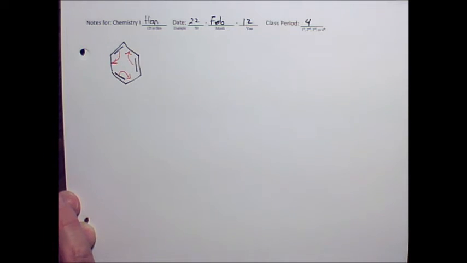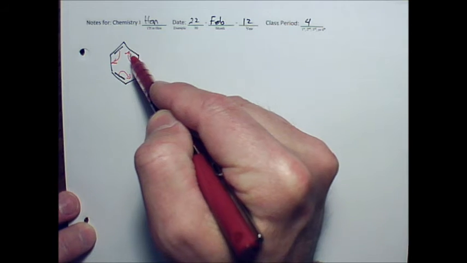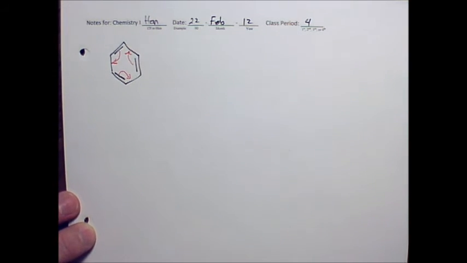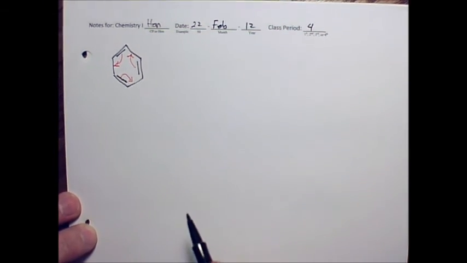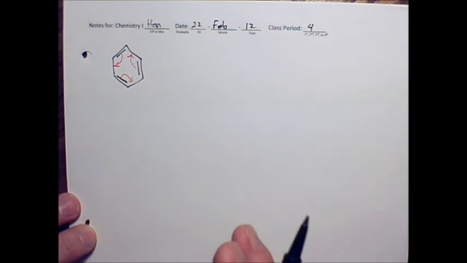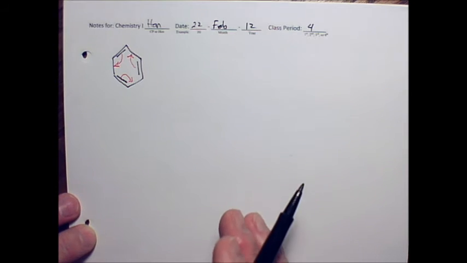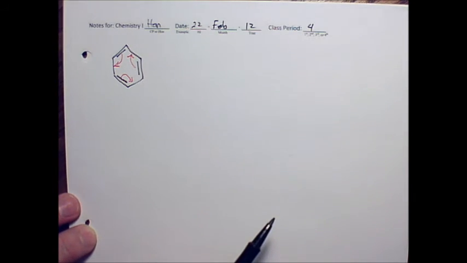Does it matter which direction they go? Not really, because moving it there is not really what's going on. What's really going on is they're in all those places at the same time. I know it's kind of strange, but that's what's happening. The electrons in a pi bond are not centered between two atoms. They move around.